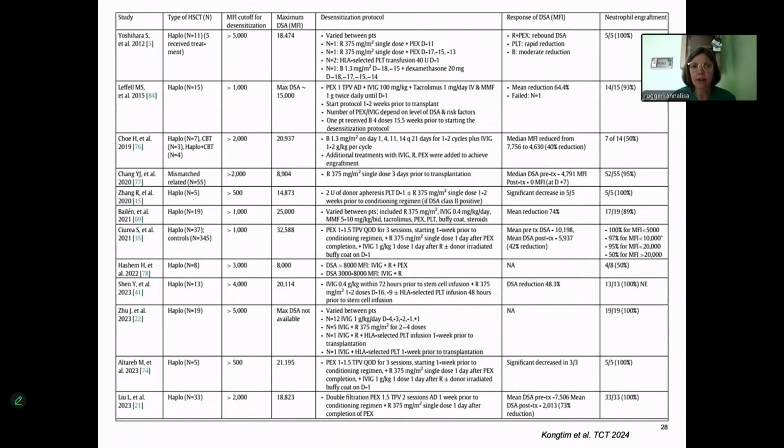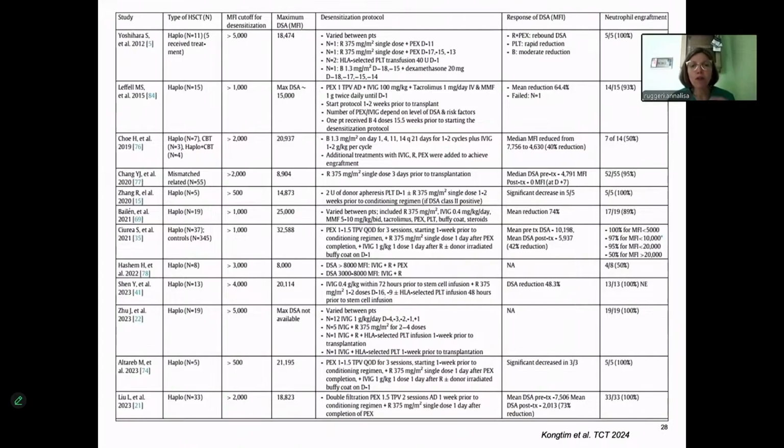And here is a very detailed table reporting the different methods of combination using, for instance, the B cell removing in combination with additional treatment such as IgIV or plasmapheresis.